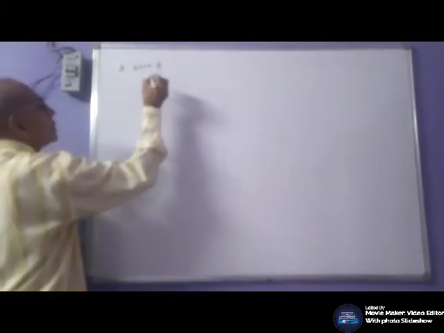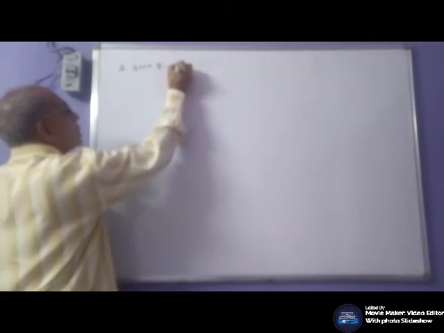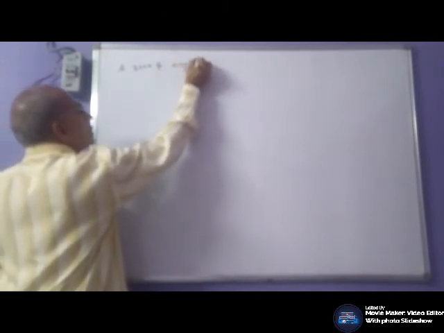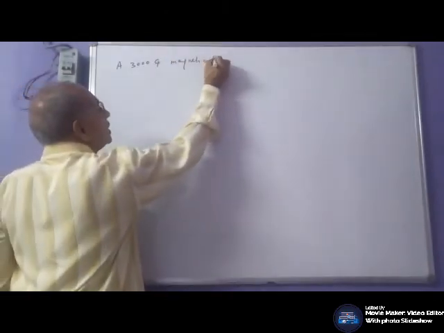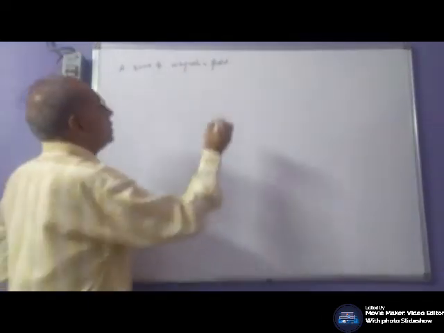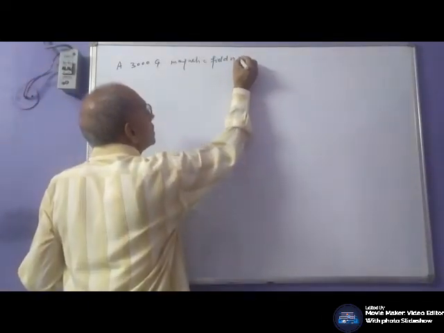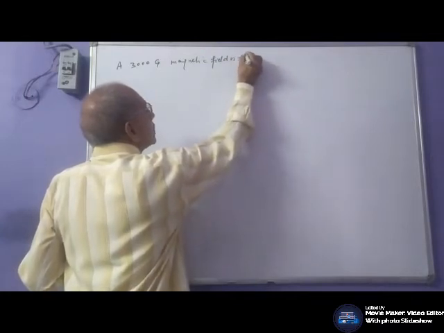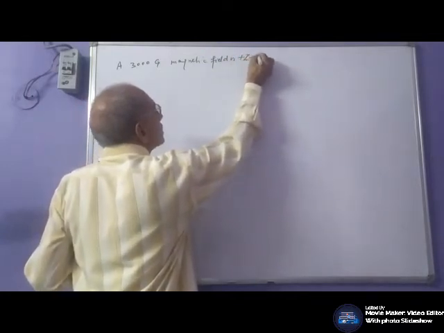A 3000 Gauss magnetic field is along the plus Z axis.